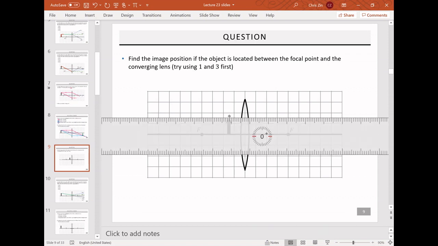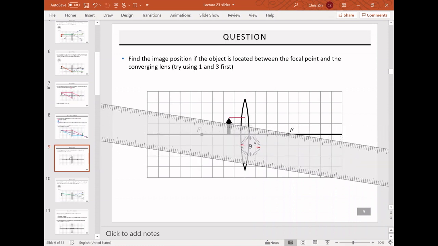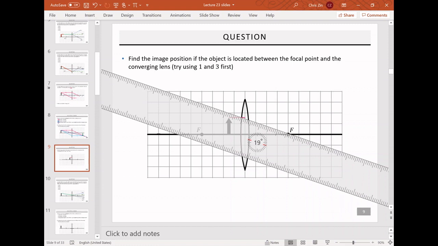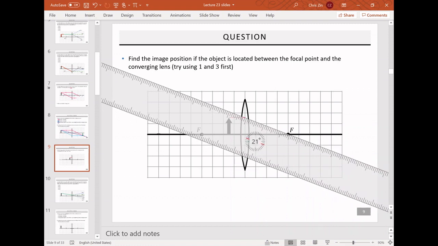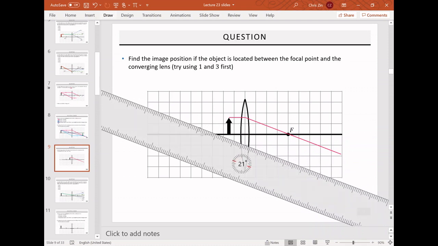So the first one is the horizontal ray, and nothing changes here. After this refracts in the lens, it is a converging lens, so it refracts toward the focal point. So that is the first easy to draw ray, with the outgoing ray heading to the right there.